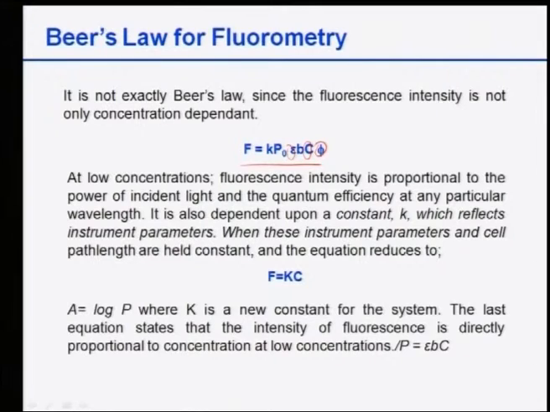When the instrument parameters and the cell path length are held constant, you can write the equation F is equal to K into C, where K is the new constant for the system. The last equation states that the intensity of the fluorescence is directly proportional to concentration when the concentration level is low. That means when epsilon B C is small, Beer's law can be applied.